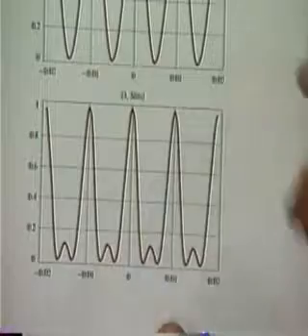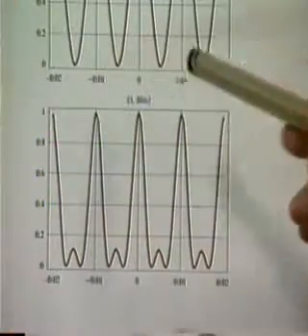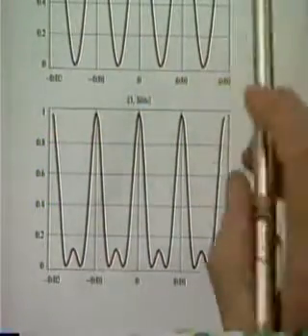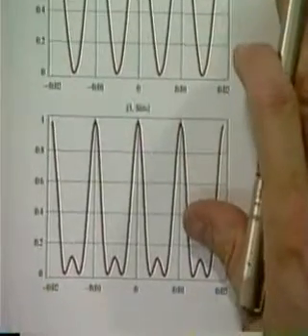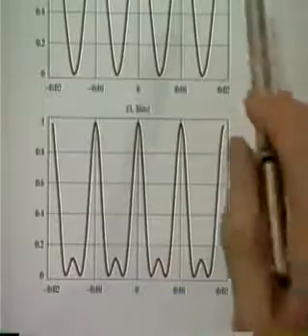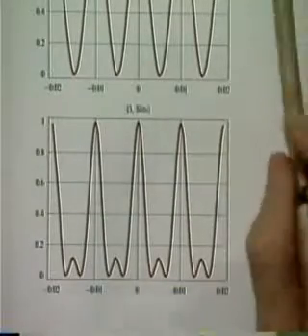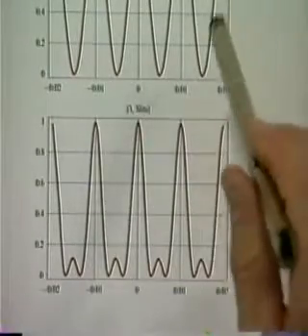Now we go to 3 slits, and I've made the slits narrow. In fact, the numbers I picked were that the spacing of the slits was 100 wavelengths, and the width of a slit was 4 wavelengths.